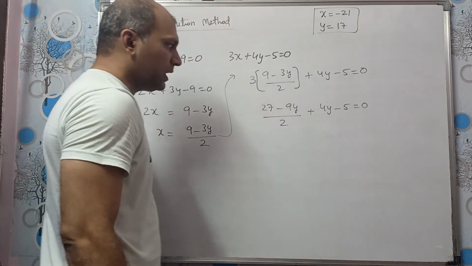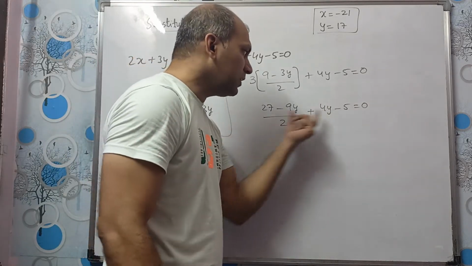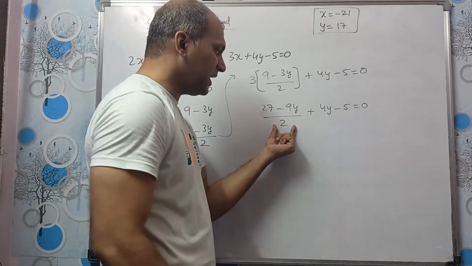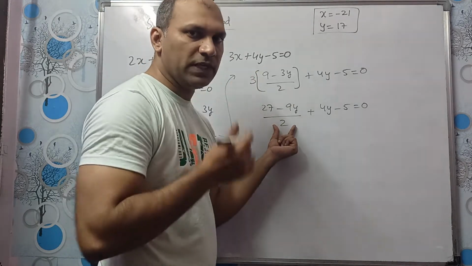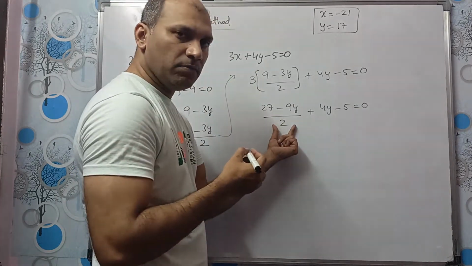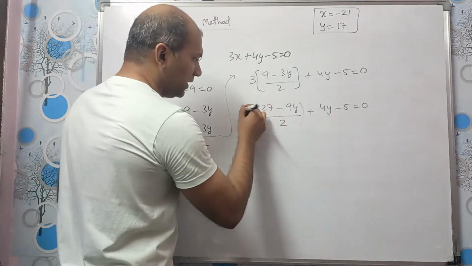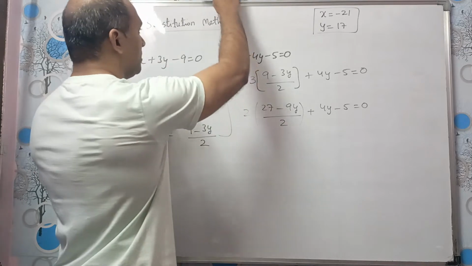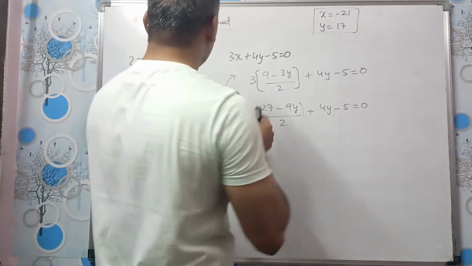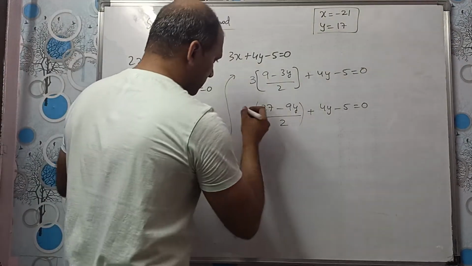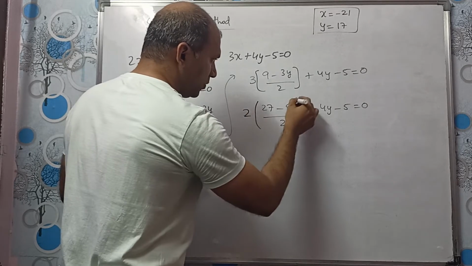Okay. Now, if we multiply all the terms by 2, see, we have 2 in the denominator, we should get rid of that 2. So, how can we do that? By multiplying all the terms by 2. So, let us multiply this by 2. Let us multiply. We are multiplying both sides by 2.